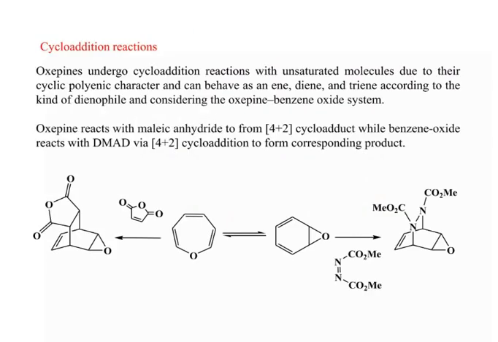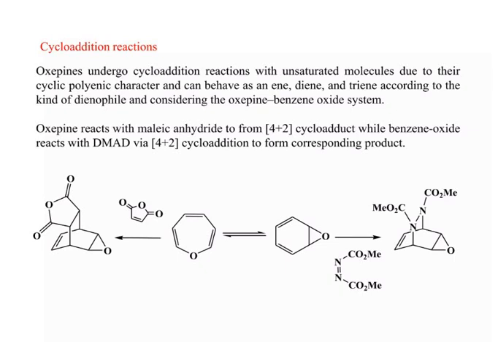First, cycloaddition reaction. Oxepine undergoes cycloaddition reactions with unsaturated molecules due to its cyclic polyenic character and can behave as an ene, diene, and triene according to the kind of dienophile, considering the oxepine-benzene oxide system.